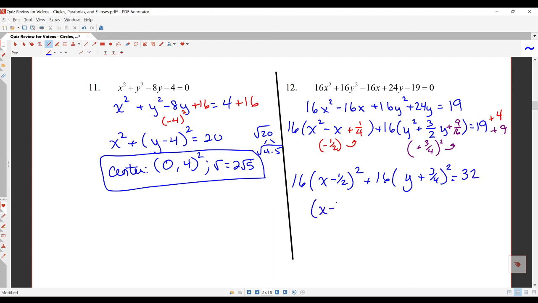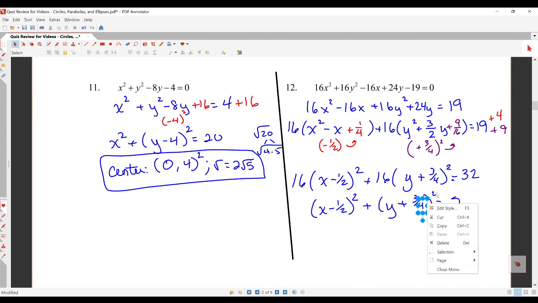And our last step before we can get the center and radius is to divide everything by 16. And that gives us 2. Sorry about that.